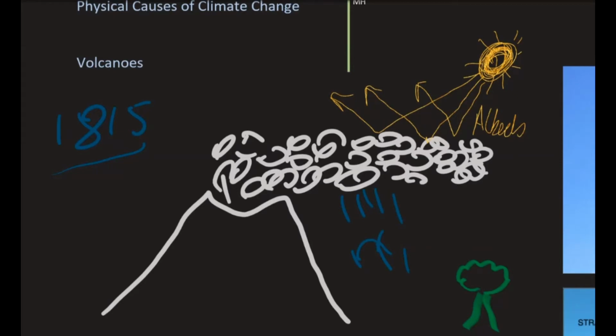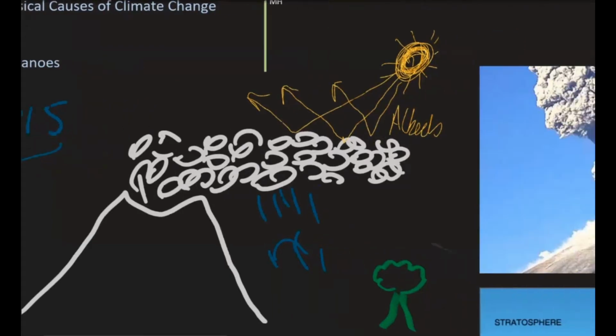So all this because a huge volcano erupted in Tambora in 1815 and blocked out the sunlight and made a general global temperature drop of about 3 or 4 degrees. So, a huge effect from this massive cloud of dust and ash.